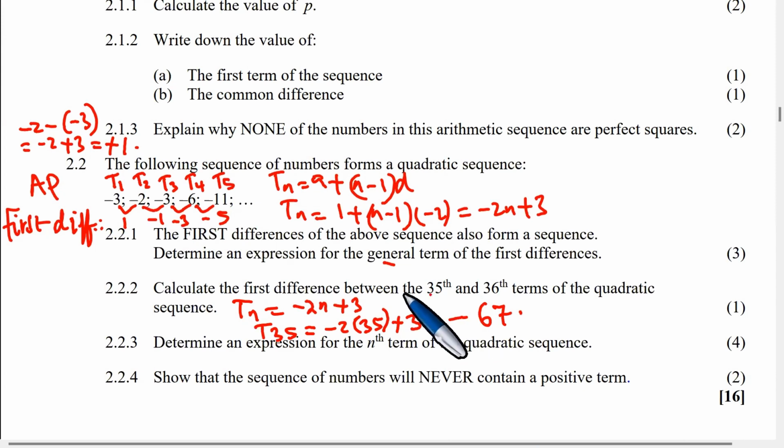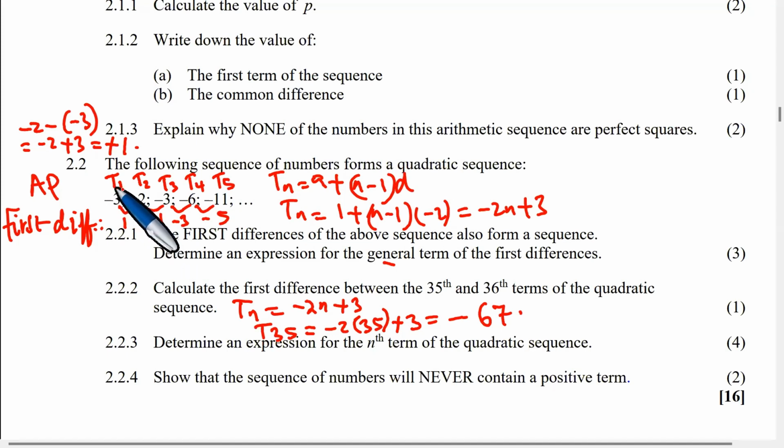Because it's between the 35th and the 36th terms. But why did we use only T35? That was the question, and the answer is obvious. Let's discuss it together.